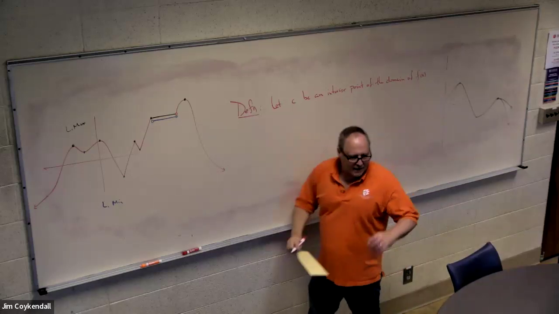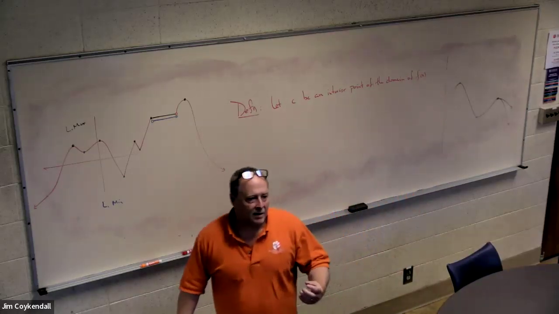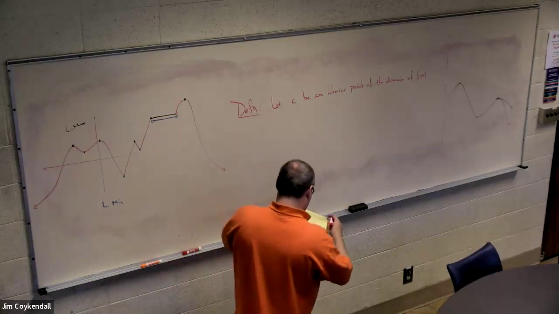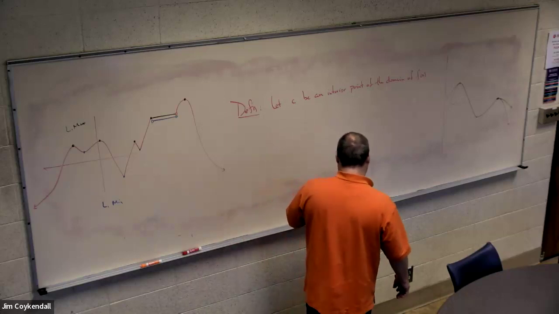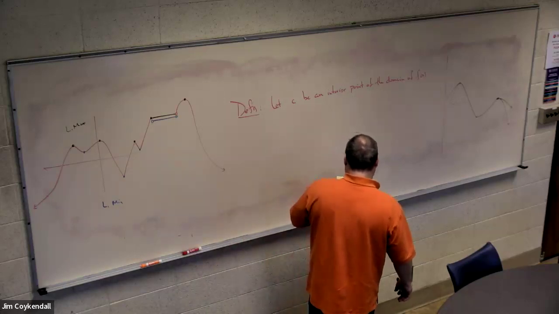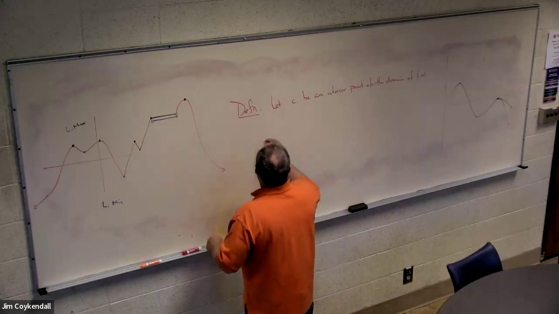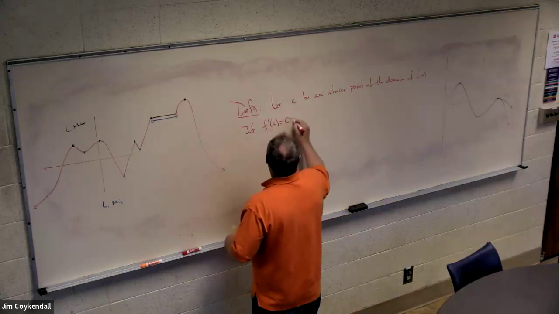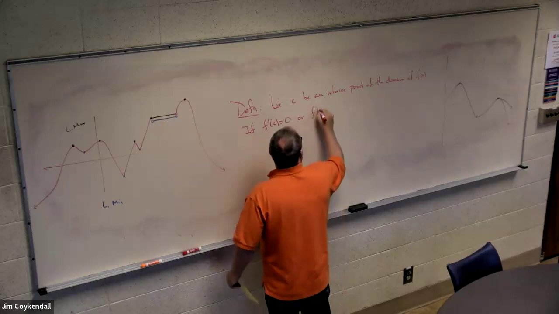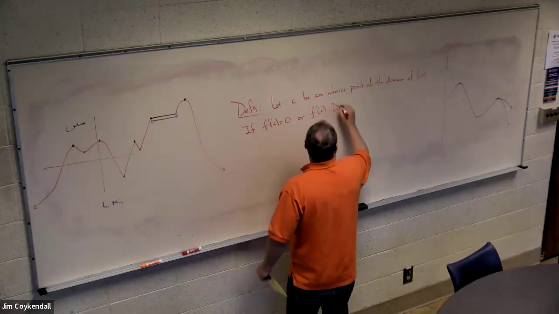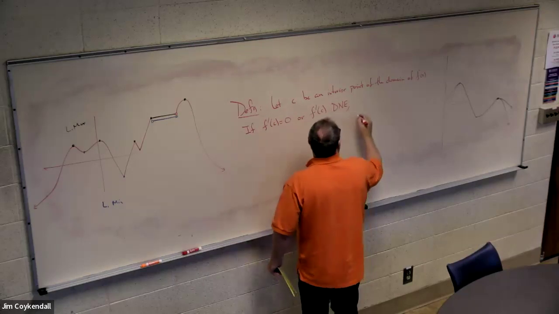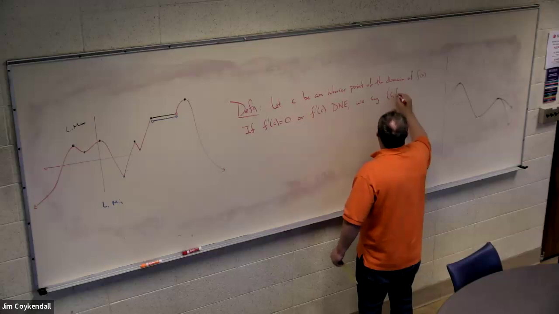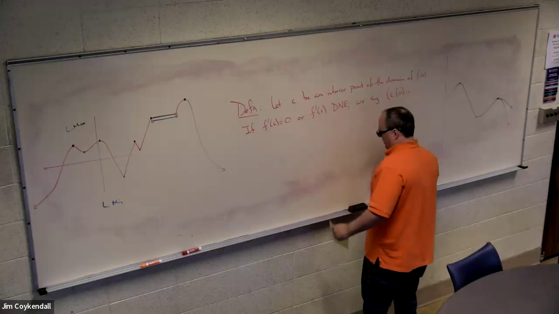And all I mean by that is I just don't want to see c at an endpoint. So, if f prime of c is 0 or f prime of c does not exist, we say f of c is a critical point.